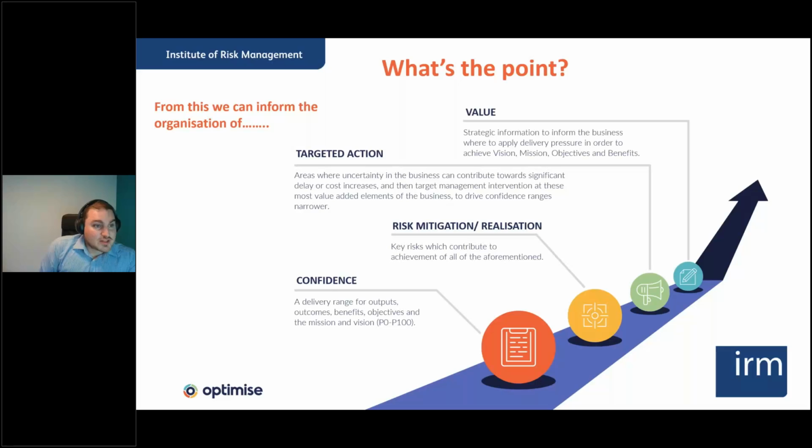So the strategic information to inform the business where to apply delivery pressure in order to achieve the mission, the vision, the objectives and the benefits. And that's the sell that we need to get across to a lot of organizational leaders: if we can apply this approach of the IMRS, and the next slide is going to talk about some limitations of use and some caveats around it, because there is a lot of work to do to get to a point where it can be effective, obviously organization dependent.